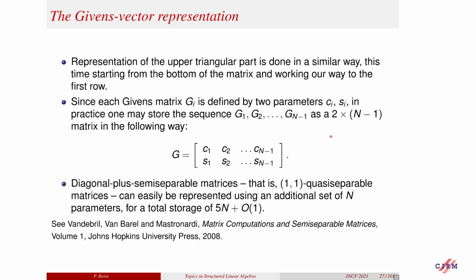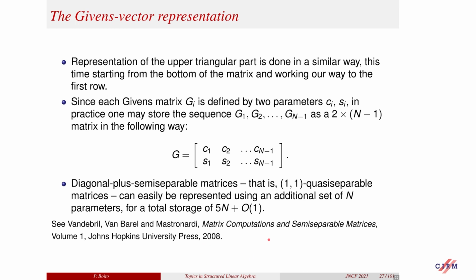So the upper triangular part is represented in the same way, and storage is also very convenient because each Gauss transformation can be represented by sine and cosine of an angle, then we can just see it as a 2 times n-1 matrix. Okay. One could also just store the angle, but from a numerical point of view, it's better to keep the cosine and sine.